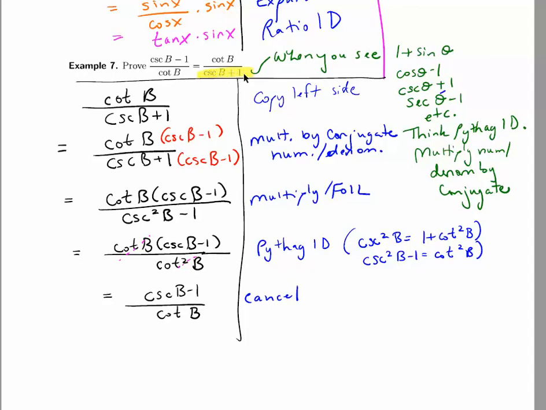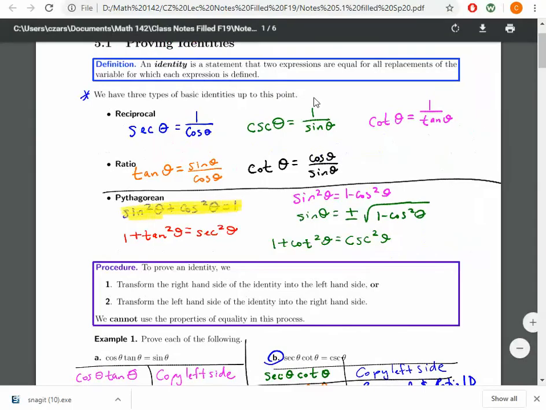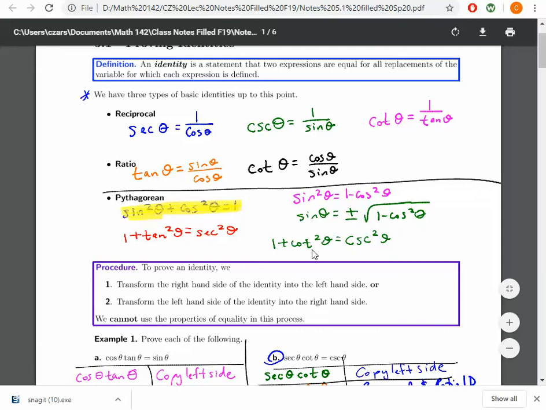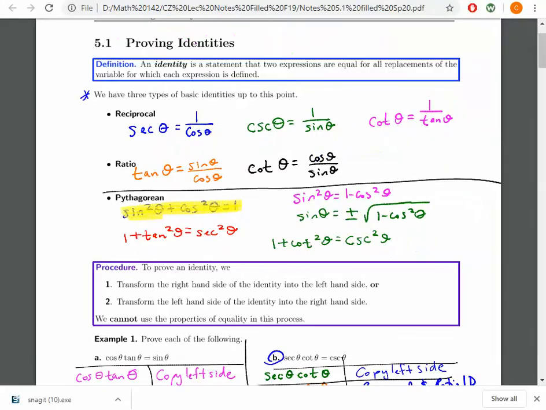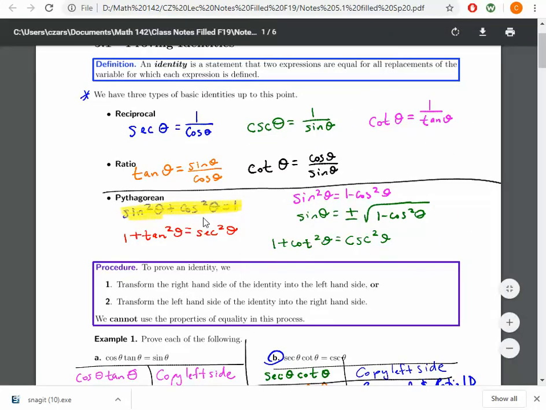So whenever you see something like that, that seems to be indicative of one of the Pythagorean identities, except you won't see the squares in the technique that we're using, you'll see like 1 plus sine theta, or cosine theta minus 1, or cosecant theta plus 1, and so on. And if you use a conjugate of any of those, it's going to lead you back to one of these Pythagorean identities once you multiply.